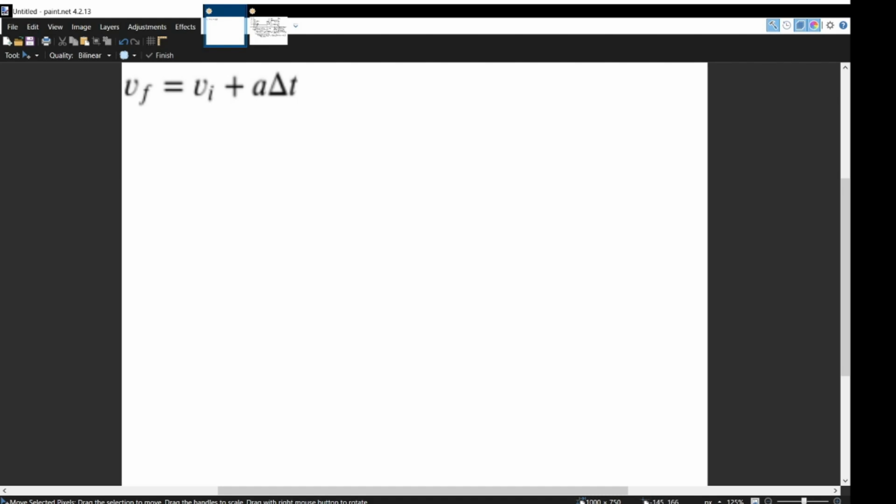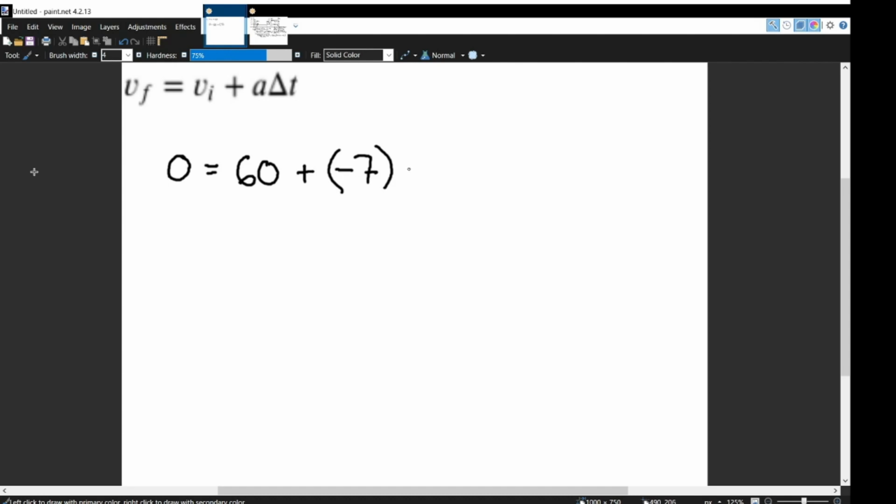The velocity final, if you remember from the previous question, was 0, its velocity initial was 60, and its acceleration, or deceleration, was -7. Then you can solve for time that way. If you work this out, it should come out to time equals 8.6 seconds, so something around there.